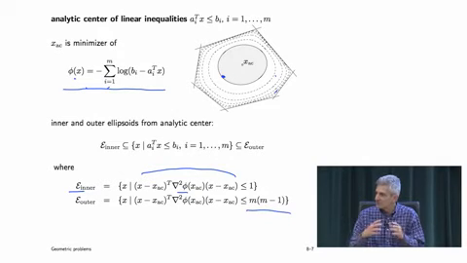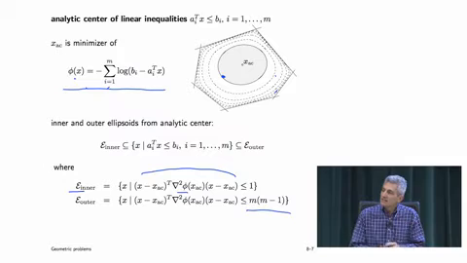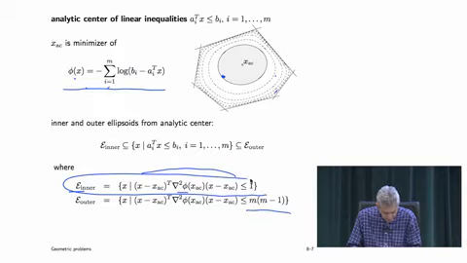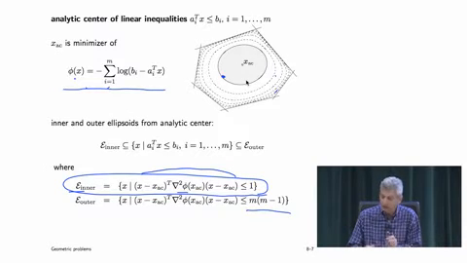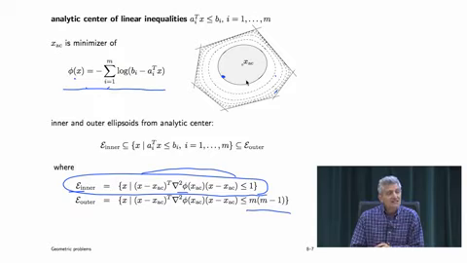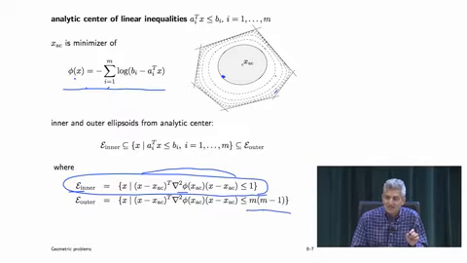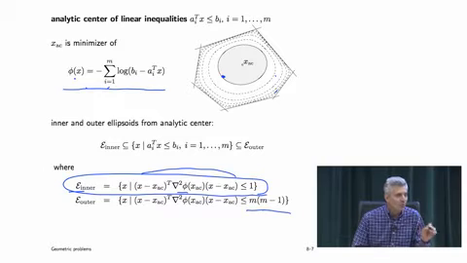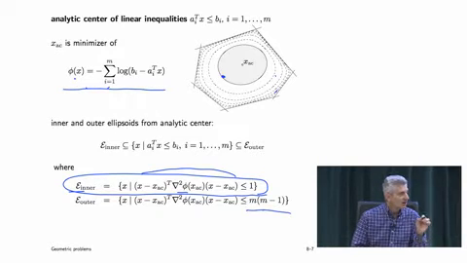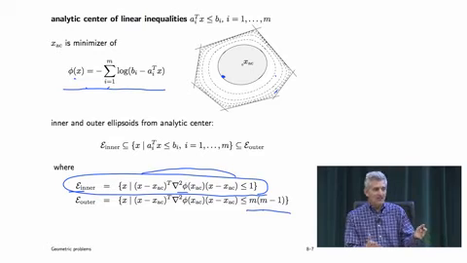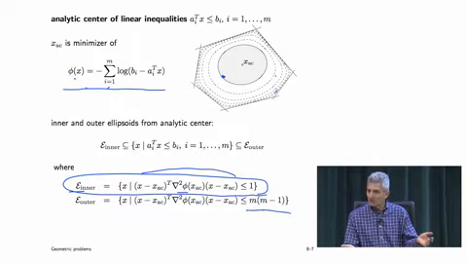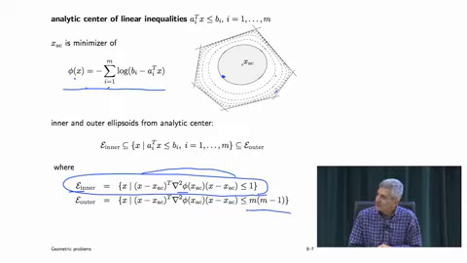You take the square root and that gives you the expansion size. So it says that if you take this ellipsoid, shown in dark shading, it is inside the set, and if I expand it by a factor m, which is not the ambient space dimension but the number of inequalities, which is at least n plus 1, because it takes n plus 1 inequalities in R^n to get a bounded region, and with n plus 1 you have a simplex. So this is a worse approximation ratio.